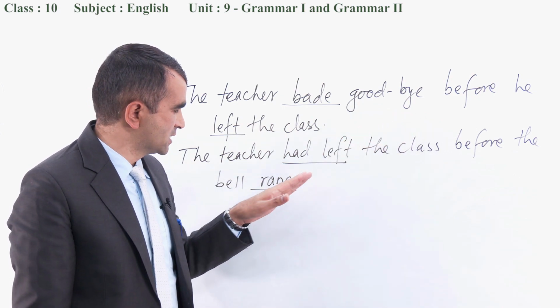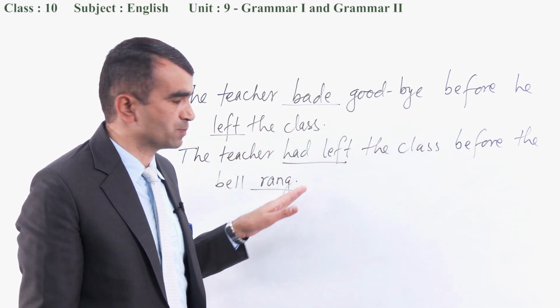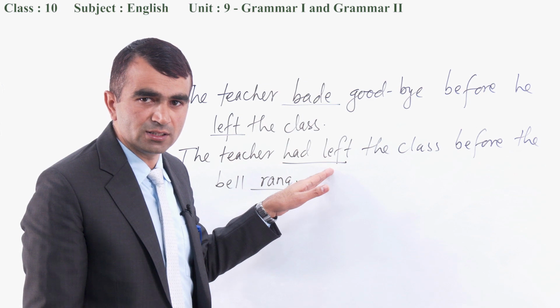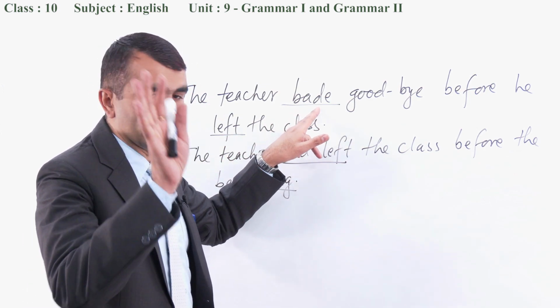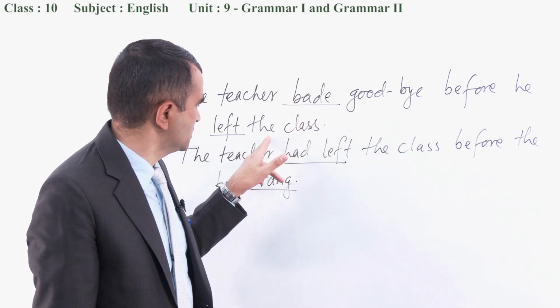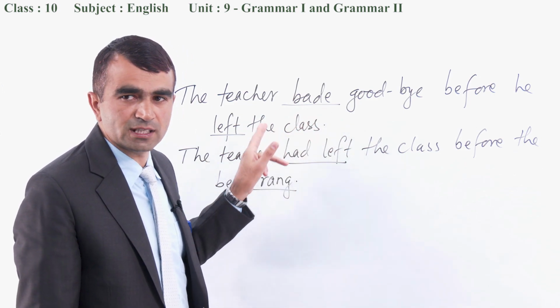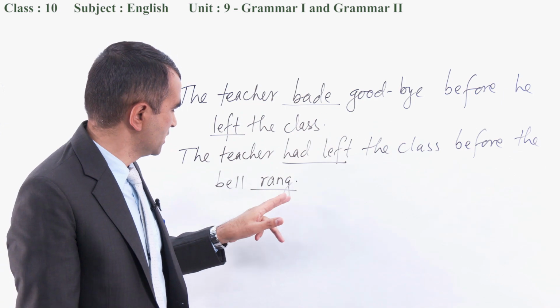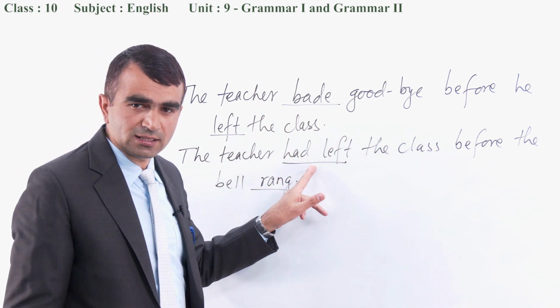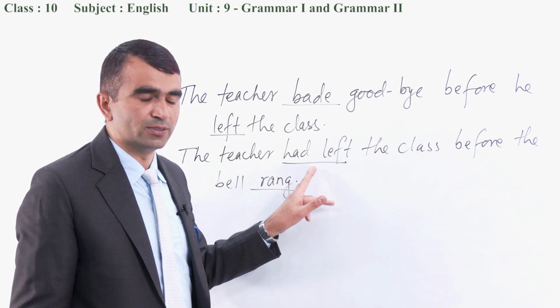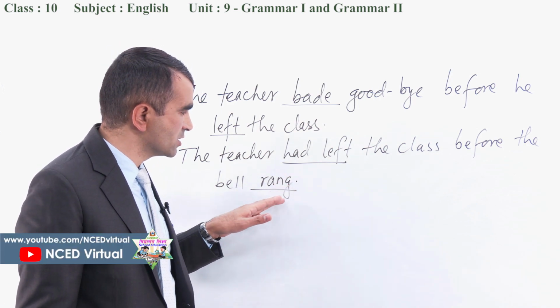But here the second event is not the response to the first event. Is it so? The teacher left the class. Why? Because he said goodbye. So this is because of this. The second event happened because of the first. But can you say the bell rang because the teacher had left the class? No. So it is not the continuation of events.